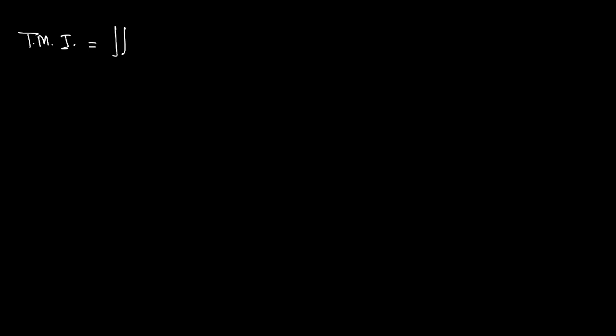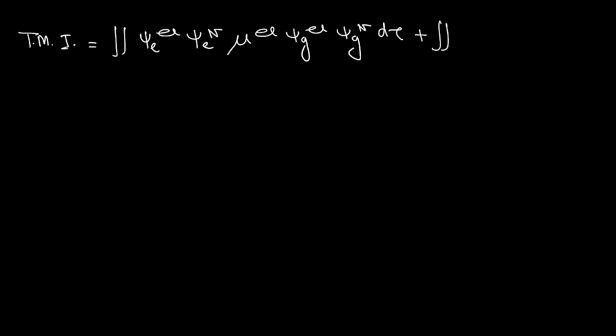So therefore, the total transition dipole moment can be written as... now, according to the Born-Oppenheimer approximation, the motion of the nuclear part is very slow compared to the electronic part.